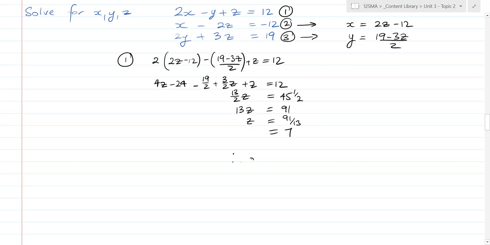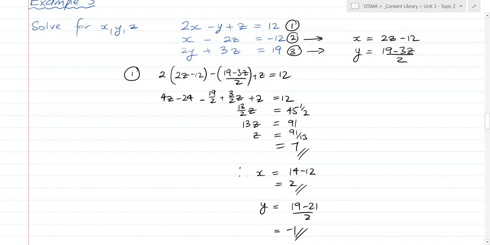Cool. So z is 7, and therefore x is equal to 14 minus 12, which equals 2, and y is equal to 19 minus 21 over 2, which is equal to negative 1, and they're my 3 solutions. Now I've used equation number 1 to determine z, but then equation number 2 to determine x and 3 to determine y.